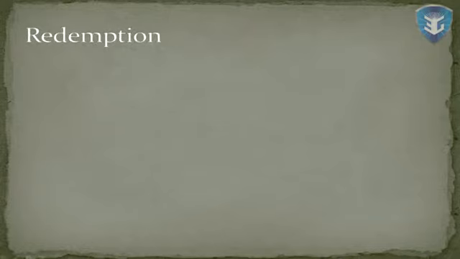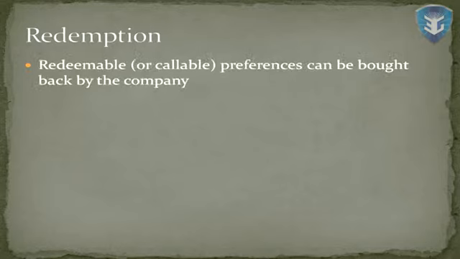You also have to consider redemption of preference shares. They can be bought back by the company if they're sometimes called callable or redeemable. You'll usually see some sort of date on them. Like Bellway, the building company, has got 2014 preference shares.